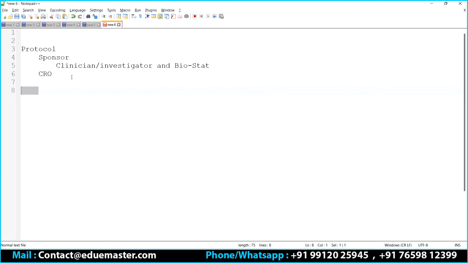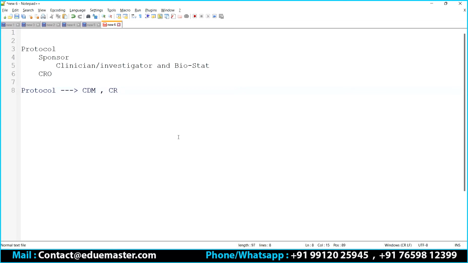Remember, being SAS developers or SAS programmers, you don't need to have in-depth knowledge about the protocol. Why? If you are part of a CDM, clinical data management team, or part of your clinical research team, it is mandatory to know each and every piece of your protocol, right?